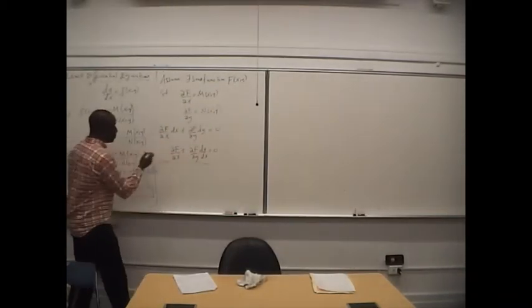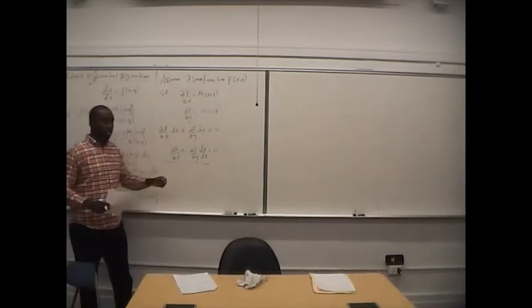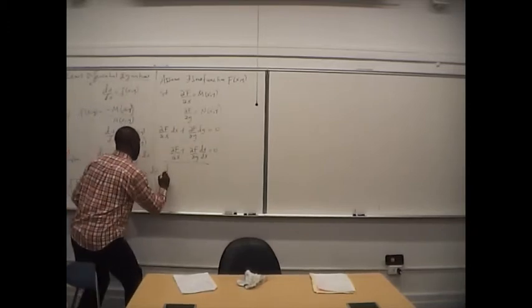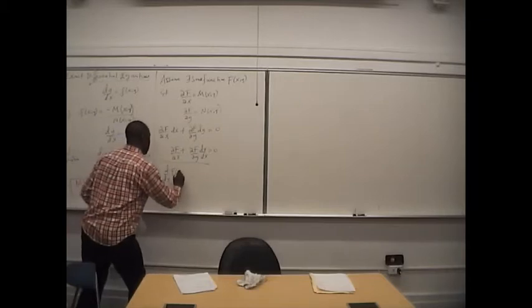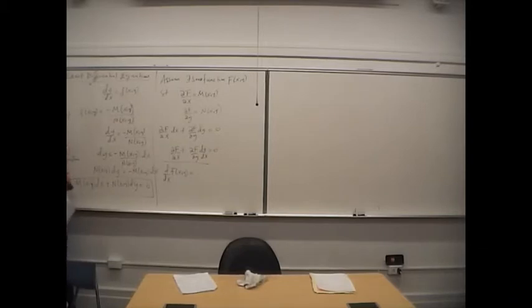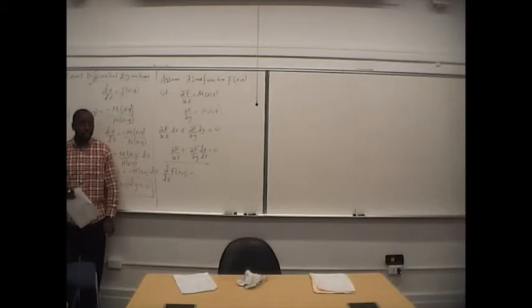Now look at this very carefully. This is a function of two variables. This is the partial with respect to x and the partial with respect to y. Now, how would you construct the total derivative of this function? Think back to part 3. If I wanted to find the total derivative of this with respect to x, what would I do? Multivariable function in x and y. y is a function of x.